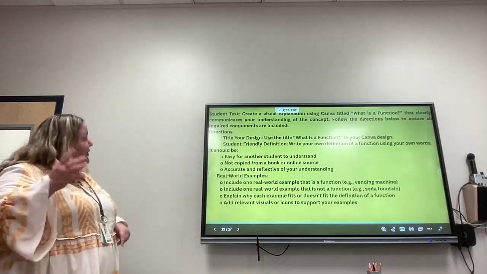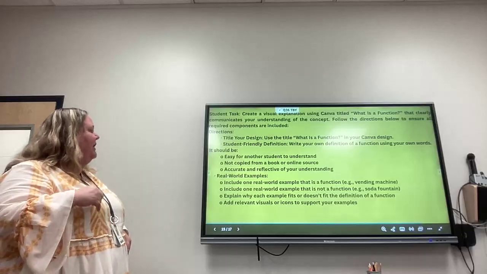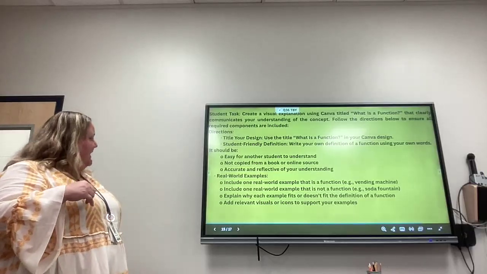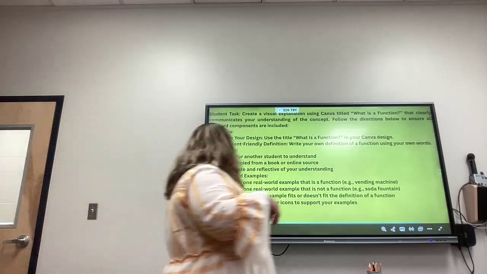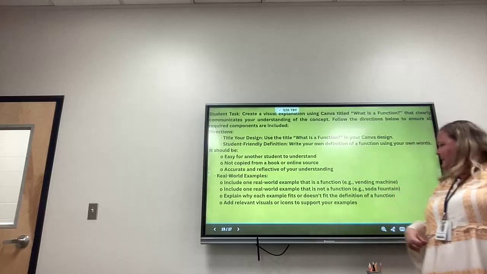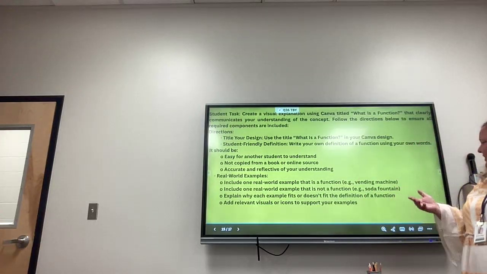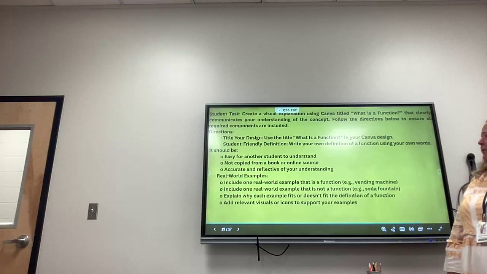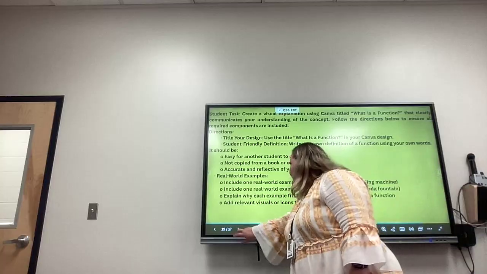It should be easy for another student to understand, not copied from a book or online sources, and accurate and reflective of your understanding. We want some real world examples. Include one real world example that is a function, and one that is not. Explain why each fits or does not fit the definition of a function, and add relevant visuals or icons to support your example.